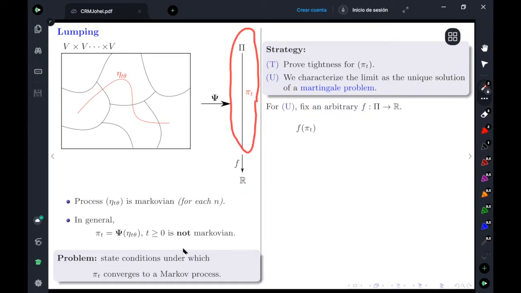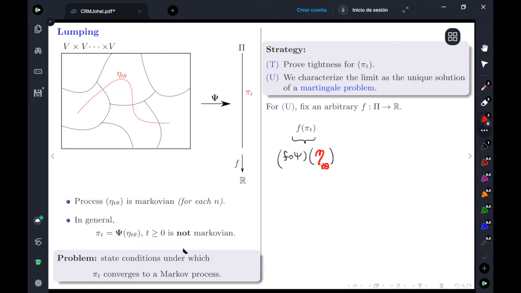This is the way in which we are trying to study the evolution of this path, telling you something about this process. Now, recall that this pi t is the projection of the Markov process theta t. So you can write this function as a real valued function applied to this process theta.